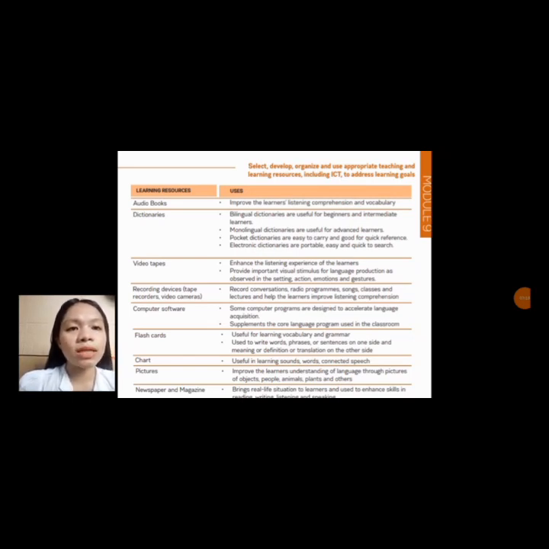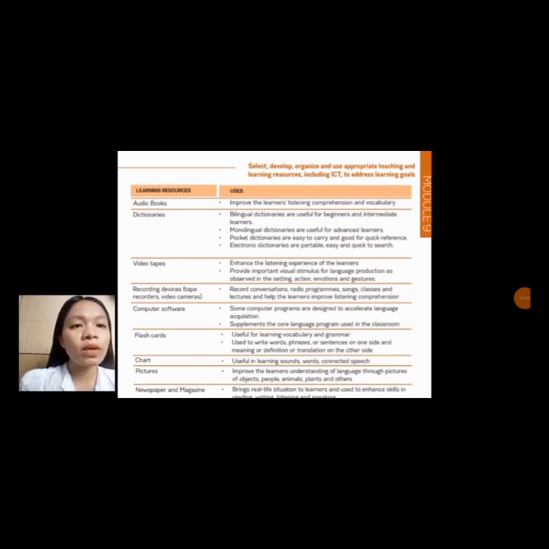Dictionaries. Uses: bilingual dictionaries are useful for beginners and intermediate learners. Monolingual dictionaries are useful for advanced learners. Pocket dictionaries are easy to carry and good for quick reference. Electronic dictionaries are portable, easy, and quick to search.